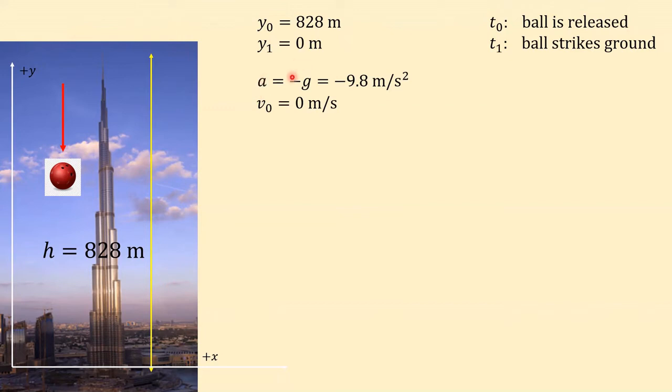Why am I going with negative g? G is an absolute value, but because up is positive in my coordinate system, the acceleration needs to be negative 9.8 meters per second squared. And here's where we infer that the initial velocity is 0 because we're told that the ball was dropped from rest.